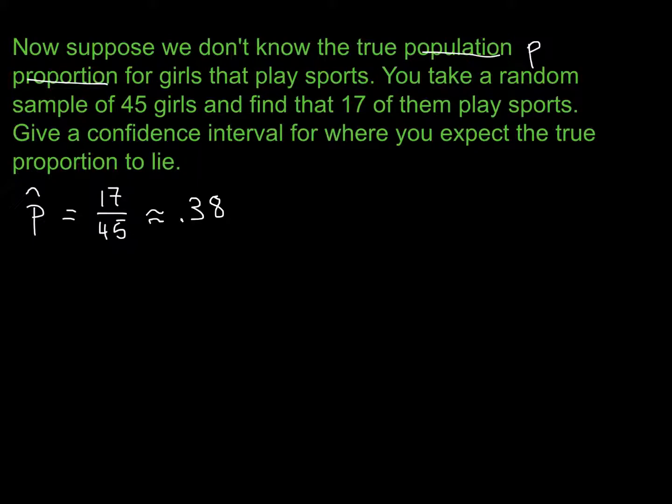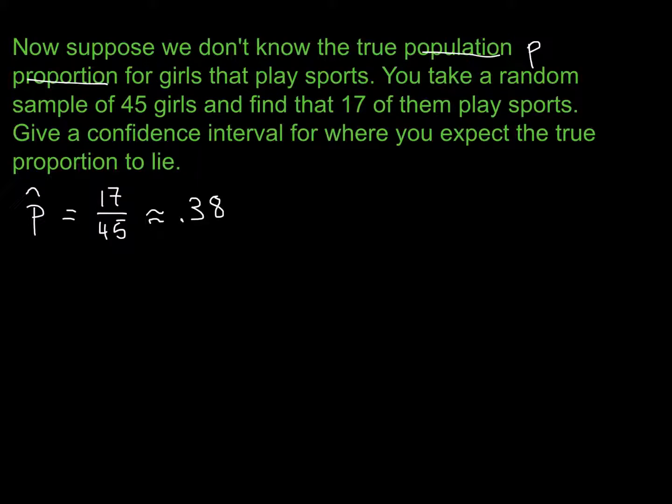Okay. Now, would you want to bet your life that this sample is actually giving you the true proportion? I would hope not, right? But is there a way that we can estimate how much higher above or how much lower below we'd have to go so that we were really confident that we knew about where the true population proportion would lie?